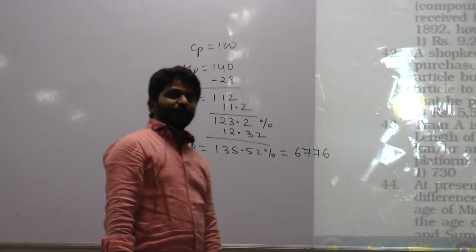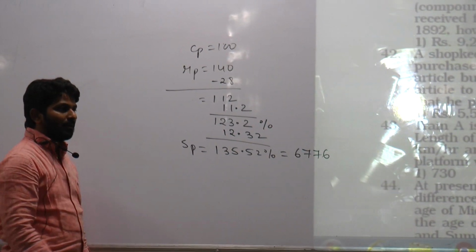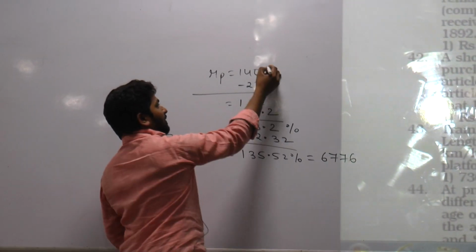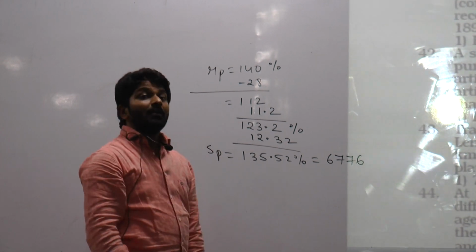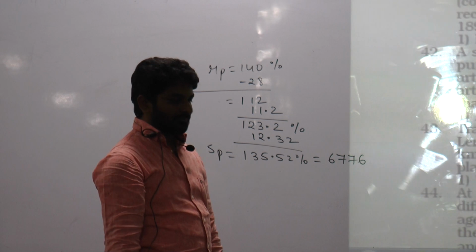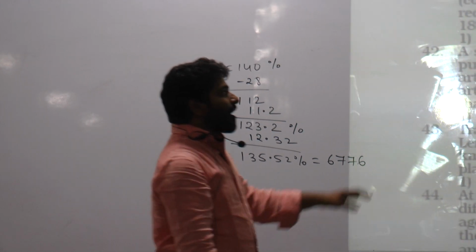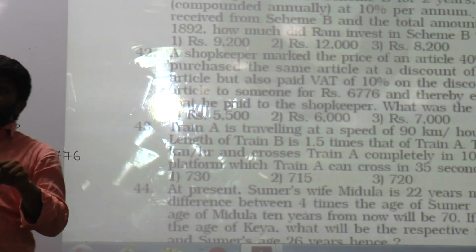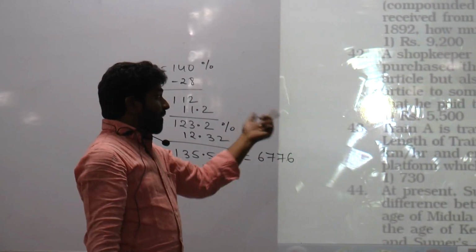What was the original cost price of the product? 140%. 140%, right? Start with your question. A shopkeeper marked it. Were you asked to calculate the product price with respect to the shopkeeper or not?